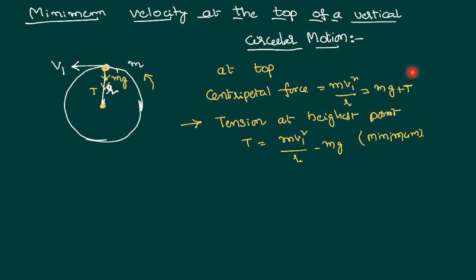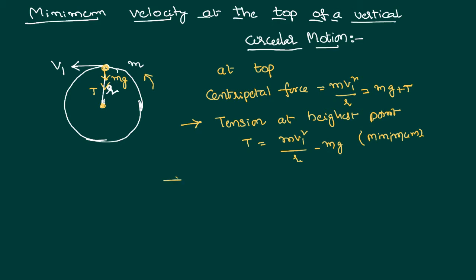So let us arrange a situation where the string does not have a tension. If the string has zero tension, then the velocity will be minimum, and automatically the centripetal force is minimum. That is the situation where the body is going to move with a minimum velocity. Therefore, we have to take the tension as zero to get a minimum velocity.